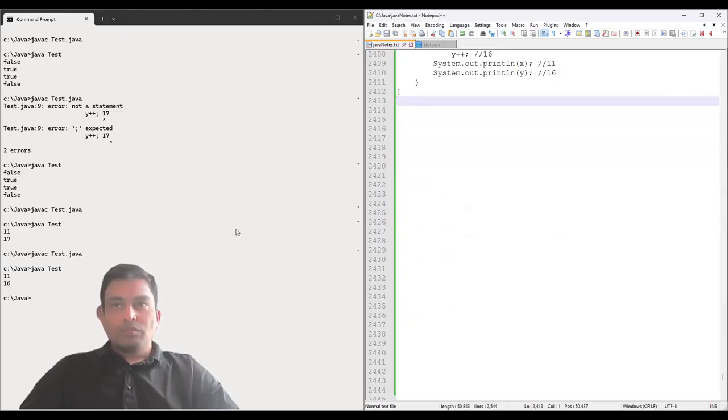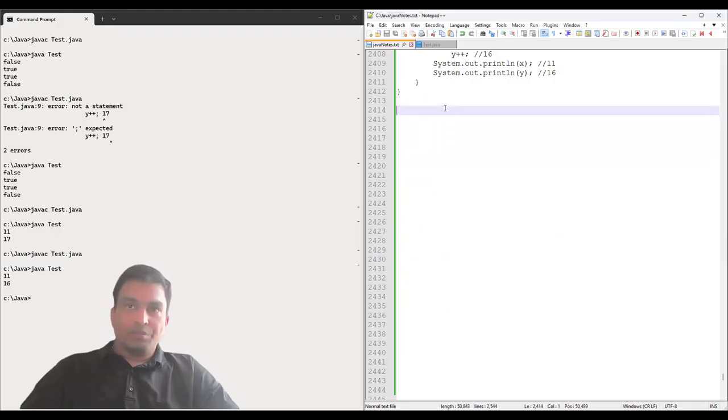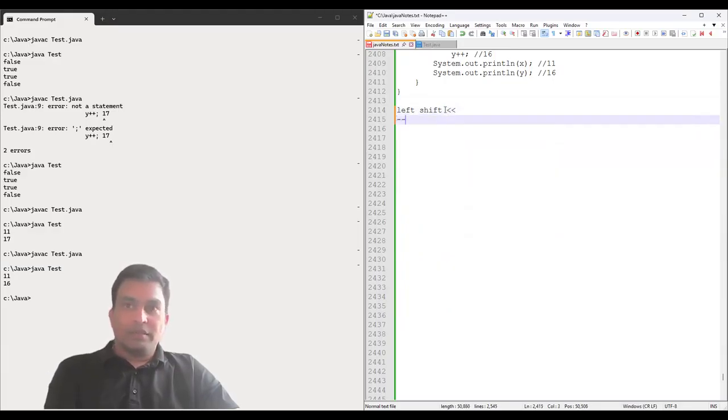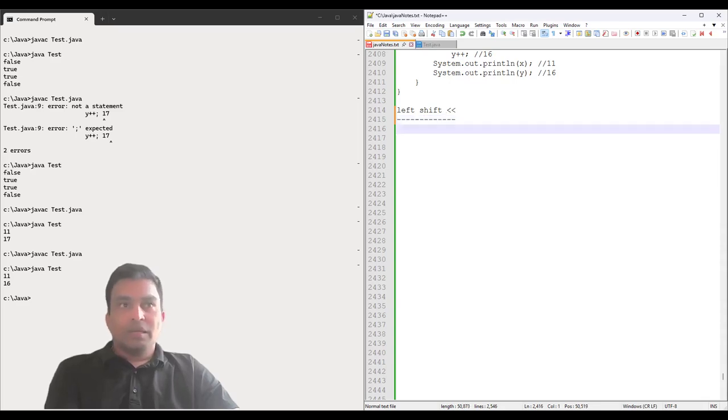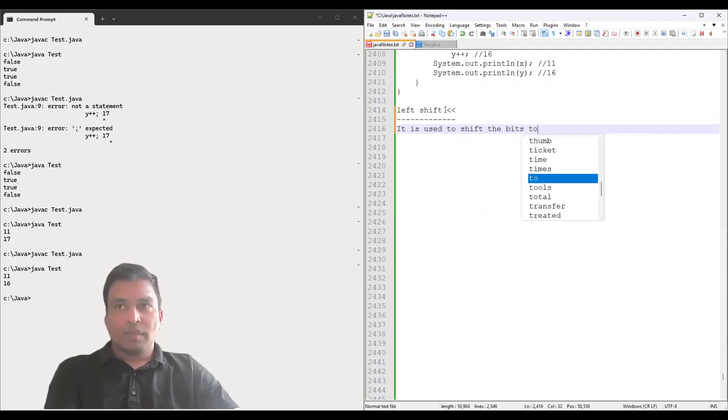Now, let's see a few more bitwise operators. First one is left shift, which is double less than. It is used to shift the bits towards the left direction.